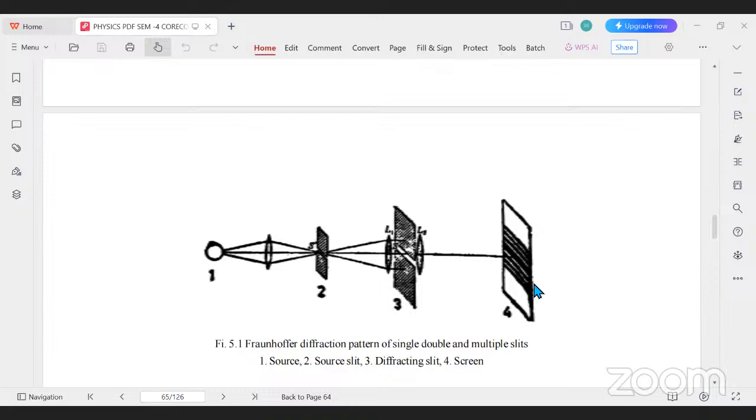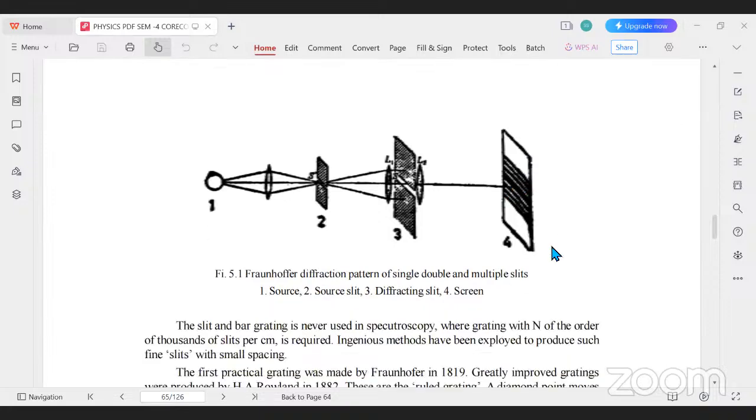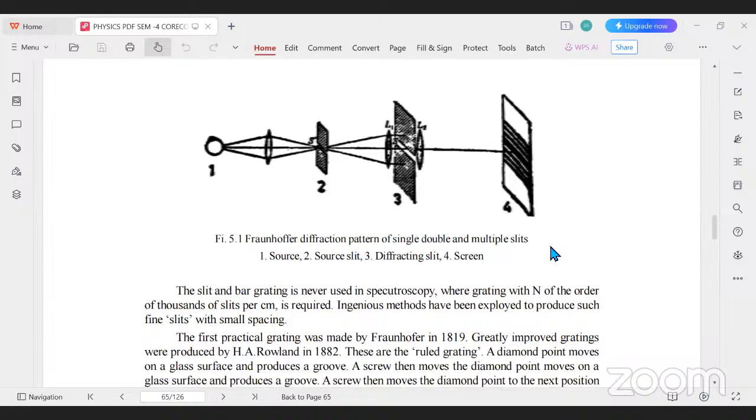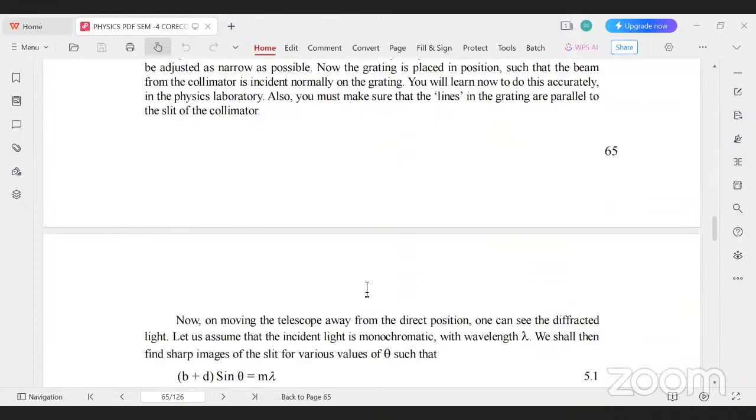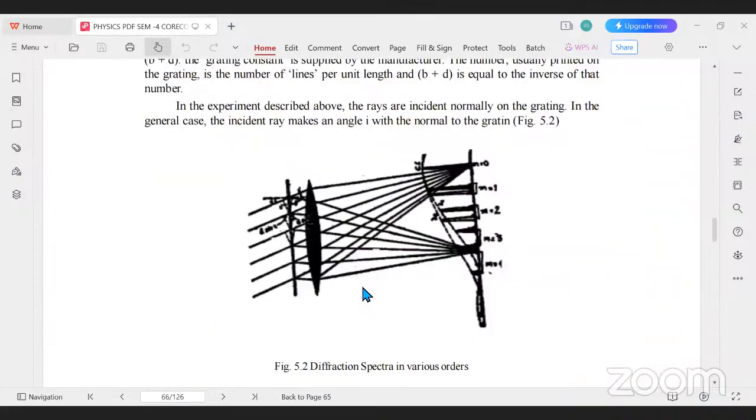Here we can see the diagram with the source, slits, and diffraction slits, and how from these slits the grating takes place and how the filtered output is obtained. A bar grating is never used in spectroscopy, where a grating with thousands of lines per centimeter is required. Ingenious methods have been employed. I will discuss in tomorrow's class how the grating takes place and how the diffraction is taking place.